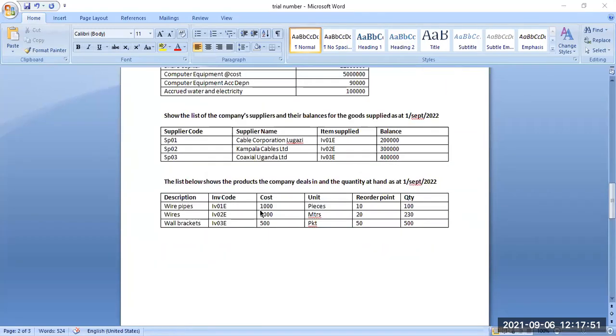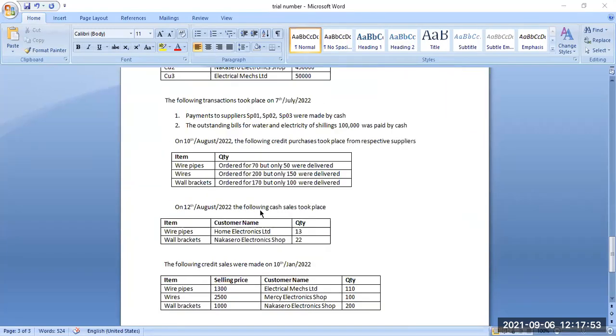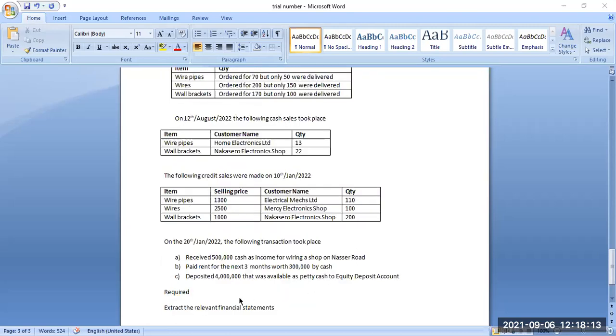I wanted us to capture these. Let me see whether I have that for the general paid rent for the next 3 months. Not 300 by cash.